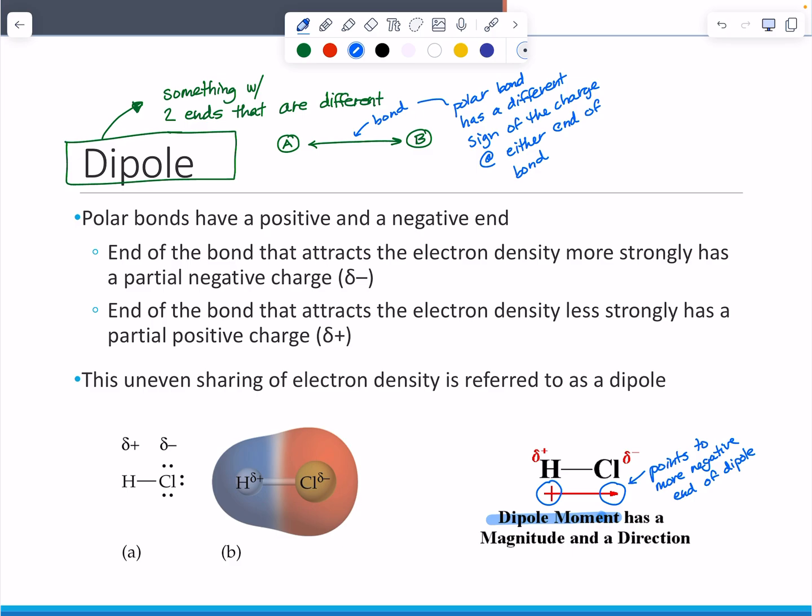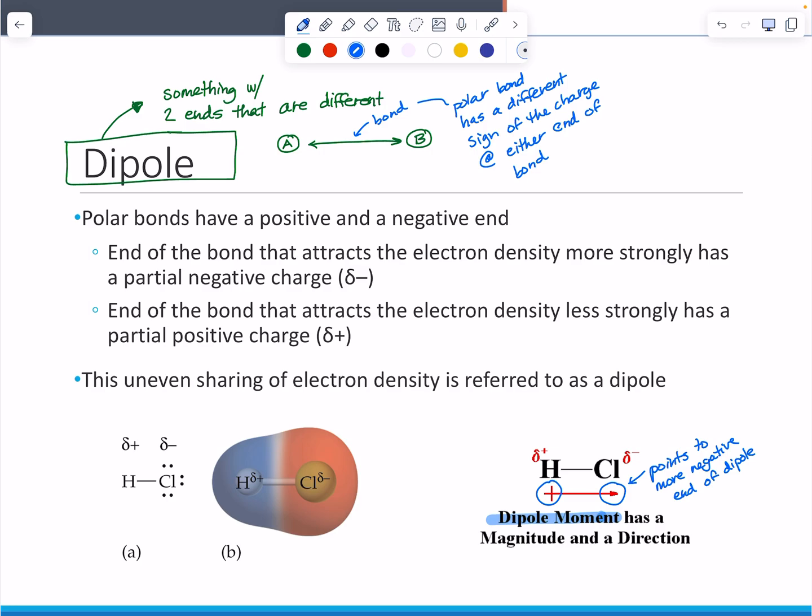All right, and so that's our dipole moment. The length of the arrow, when we represent dipole moments graphically, is going to tell you about the magnitude of the difference.